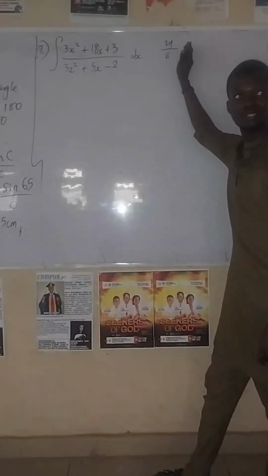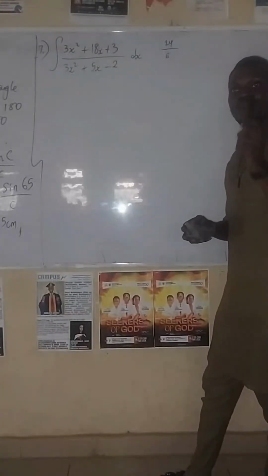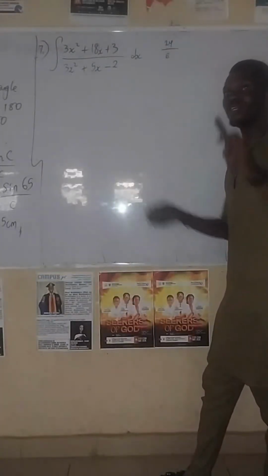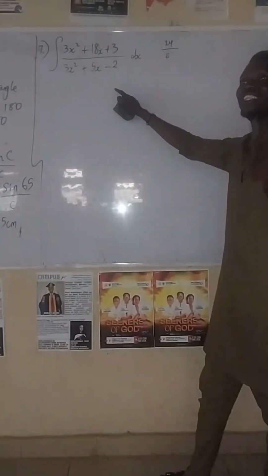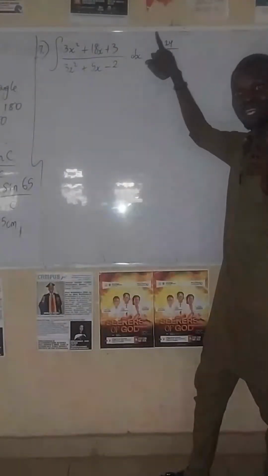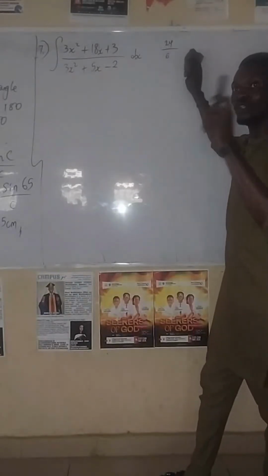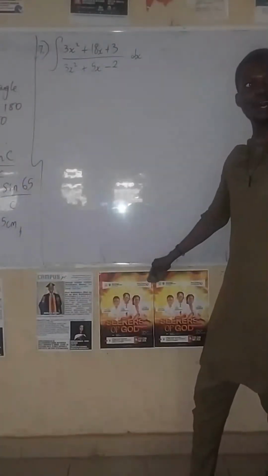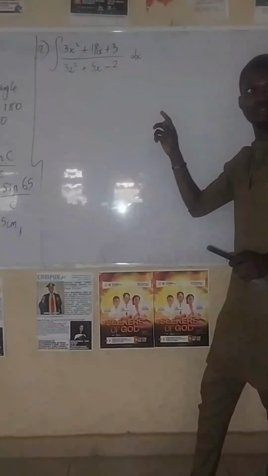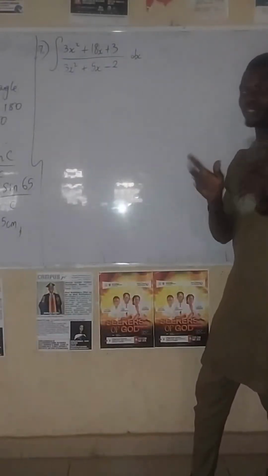Improper, right? When it's improper, you divide the function first before you continue.